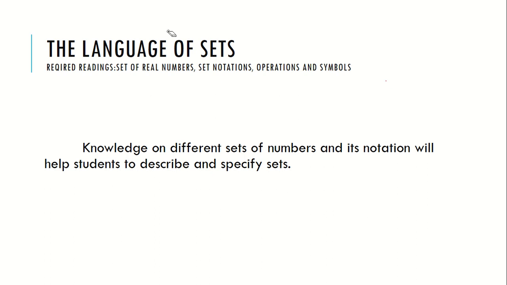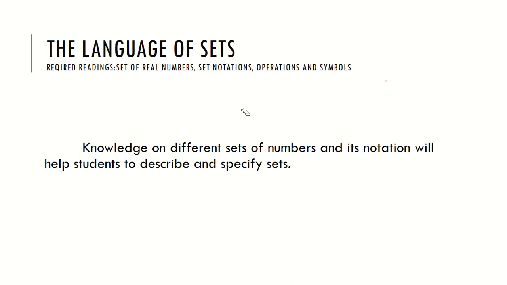Good day, everyone. This time, I am going to discuss Part 3.a on set notations and subsets of Part 3, Language of Sets, in Chapter 2, Module: Mathematical Language and Symbols.